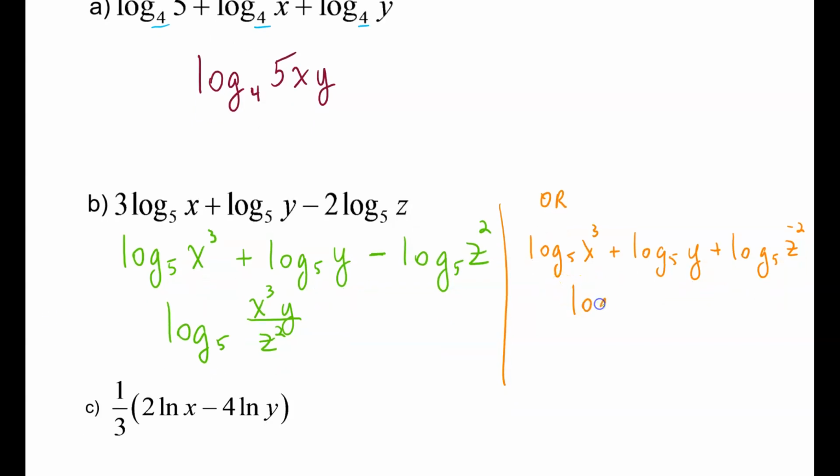And so we would get log base 5 of x cubed y z to the negative 2. Exactly. But we don't want to leave a negative exponent, which means I would have to take one other step here and move that to the denominator. And so I would get x cubed y over z squared.